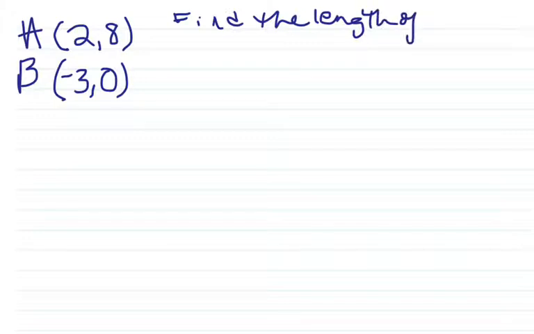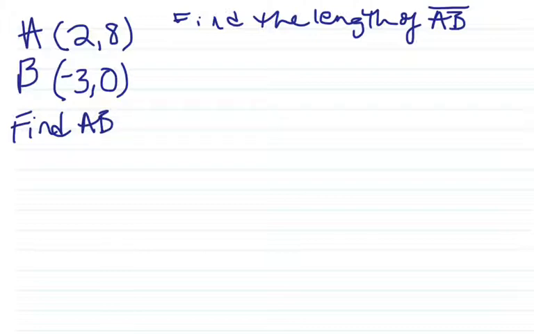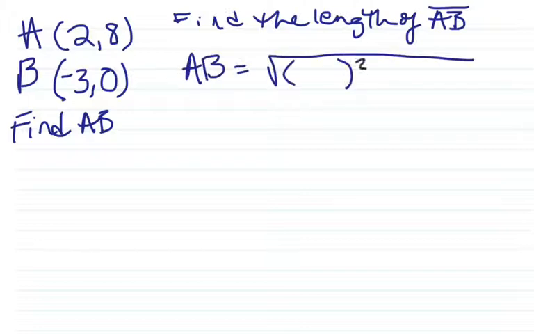Find the length of segment AB. So I could write that 2 different ways. I could write it out in words, find the length, the word length, and then segment AB with the flat hat to represent that it's a segment. Or I can say find AB without the hat, that means it's the length. So there's my points. I'm going to put them into the formula.